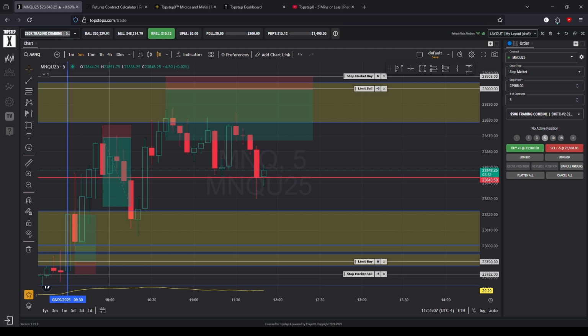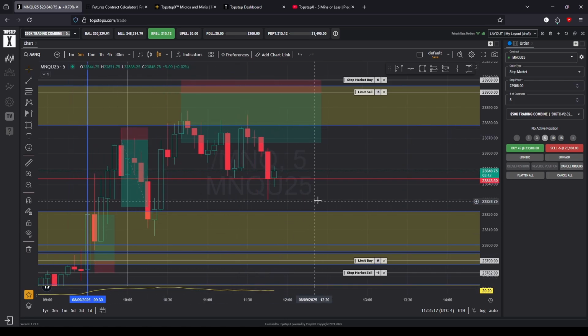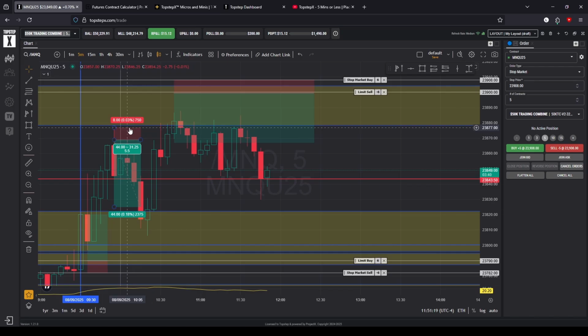Okay, so I asked the Discord, and they told me that there are some issues going on, which is why my trade here was stopped out before it even got to my stop loss.